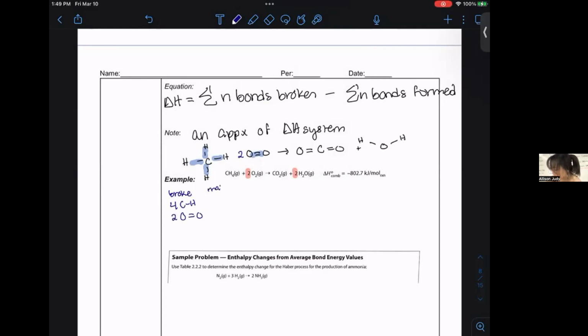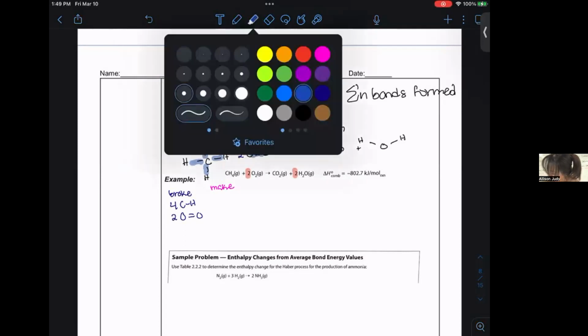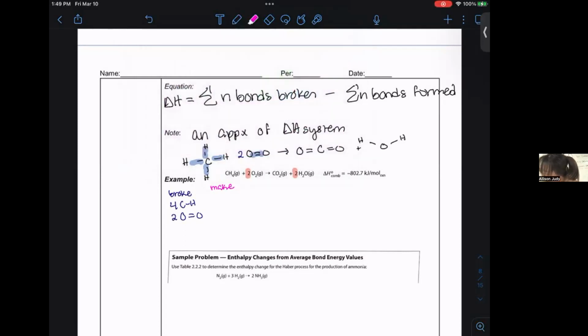And in a different color, I make 2 C double O bonds and 2 O-H bonds, but not just 2. Technically, it's 2 times 2, so it's 4 because of my molar ratio. So I make 2 C double O bonds and I make 4 O-H bonds.